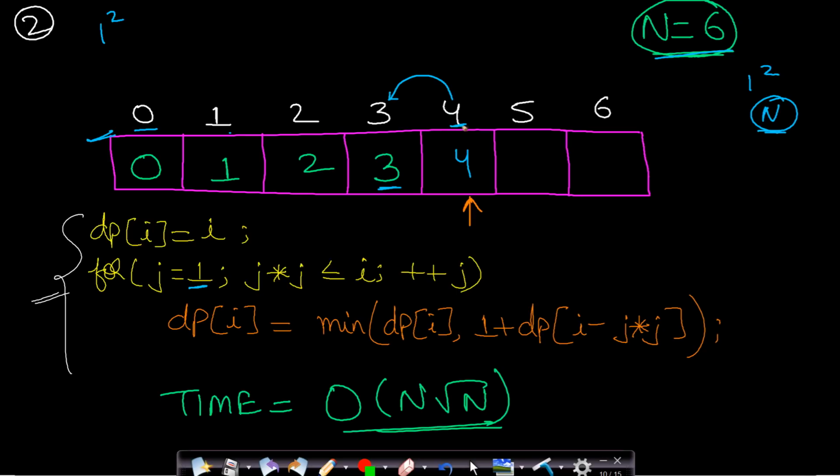So for getting 4, how many chunks do you require? Actually, you made 1 split in order to reach this 3. So the number of chunks required to make 4 will be 1 plus 3, which is equal to 4. But then you will take the minimum of whatever is stored here and whatever you found in this call. So this call you found 4 and 4 is already stored here, so nothing will be done.